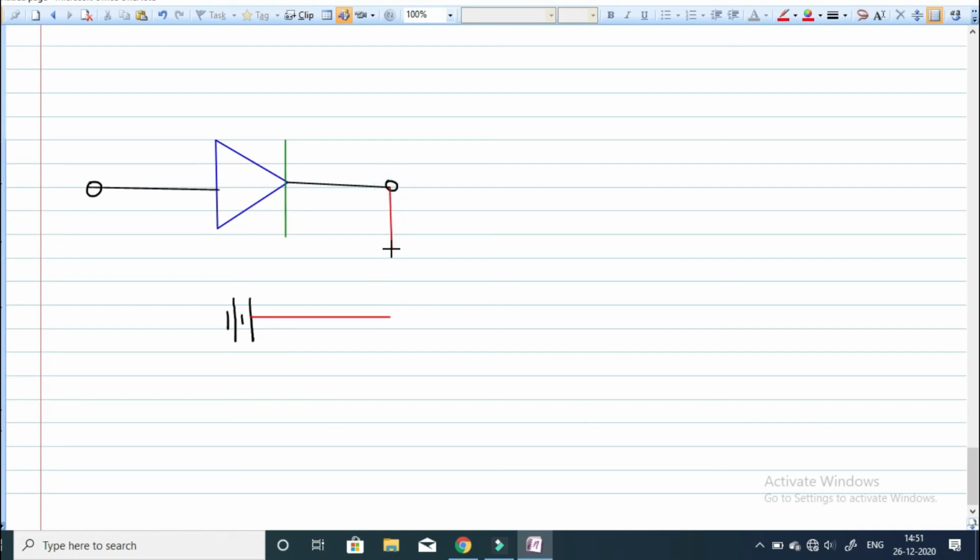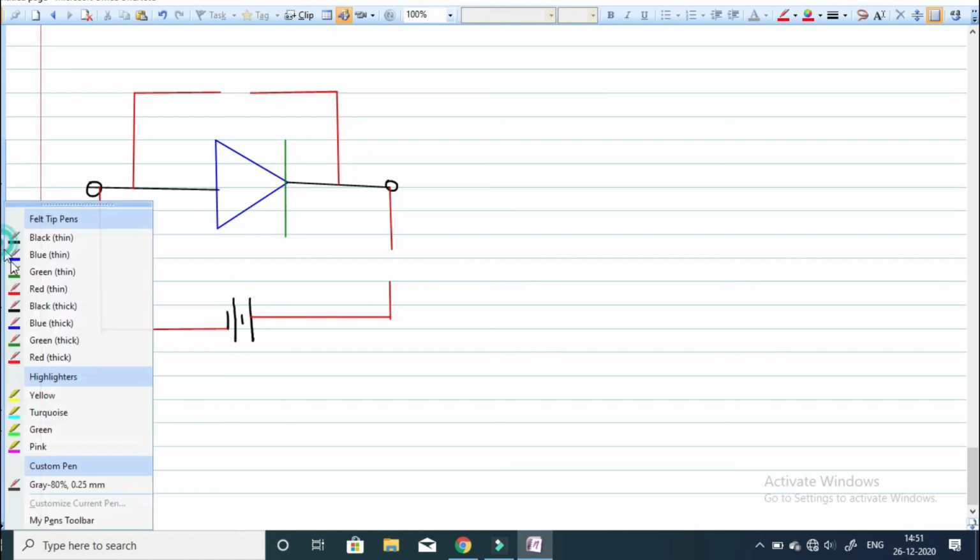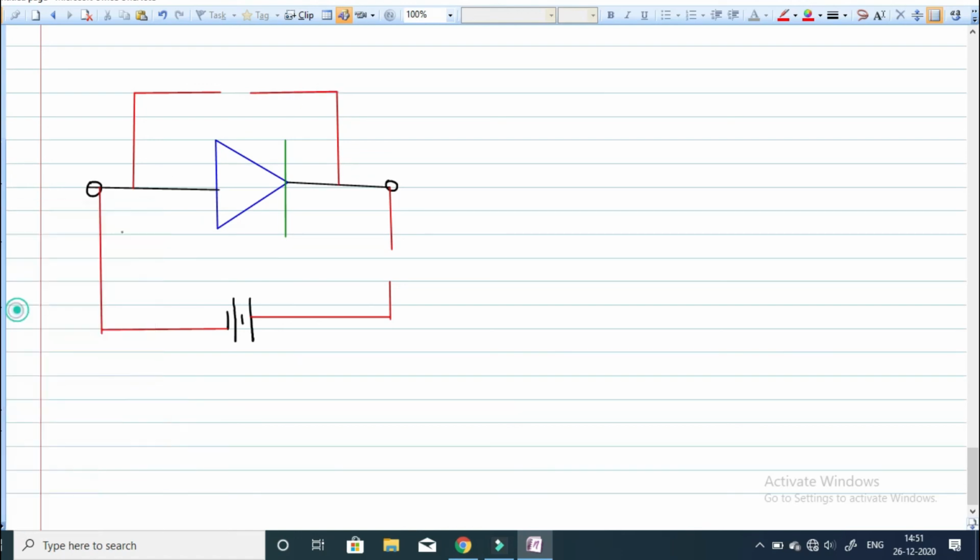And here is one ammeter to measure the reverse current. Now one voltmeter is also connected to measure the potential difference. So this is the circuit diagram during the reverse biasing.